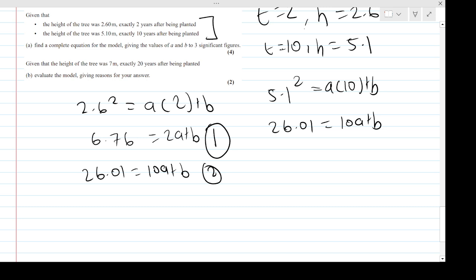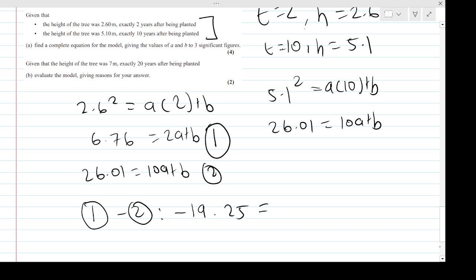So what would I do? I could substitute, but actually I think it's a lot nicer if I take them away, because I notice b is already matching on both equations. That's screaming to me that instead of bothering to substitute, I can just take them away to get rid of b as it is. So if I take the first equation minus the second equation, that means 6.76 take away 26.01 is minus 19.25.